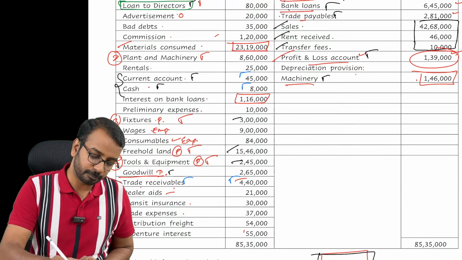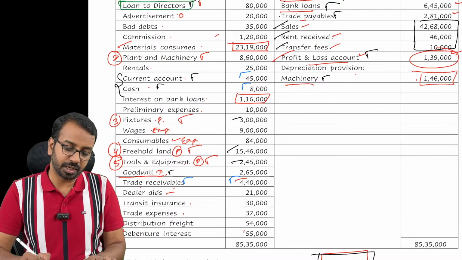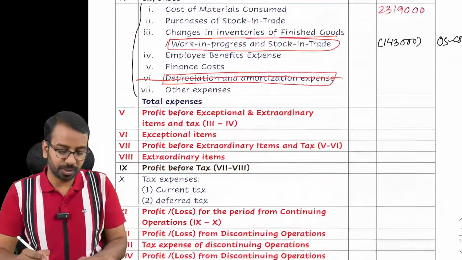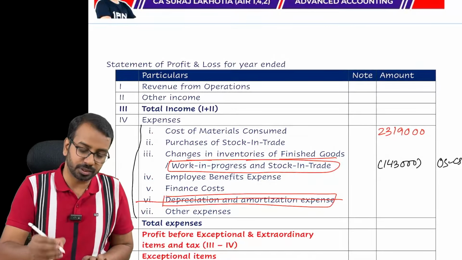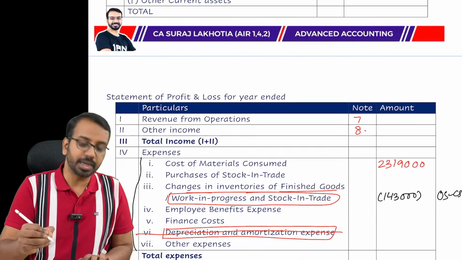Now come to income items. Sales, rent received, transfer fees, these are the three income items: 42,68,000, 46,000 and 10,000. In the P&L you have revenue from operations, which will be note number 7, and other income, note number 8.